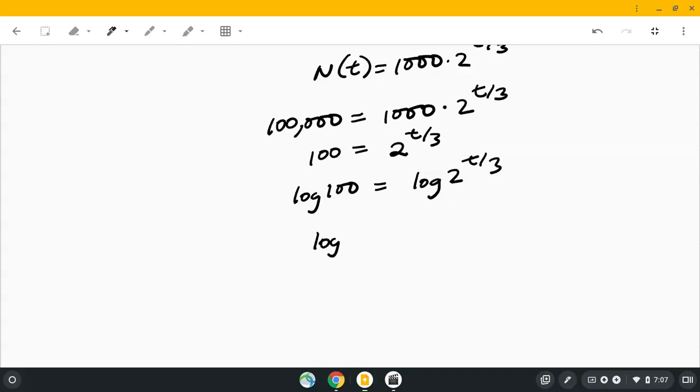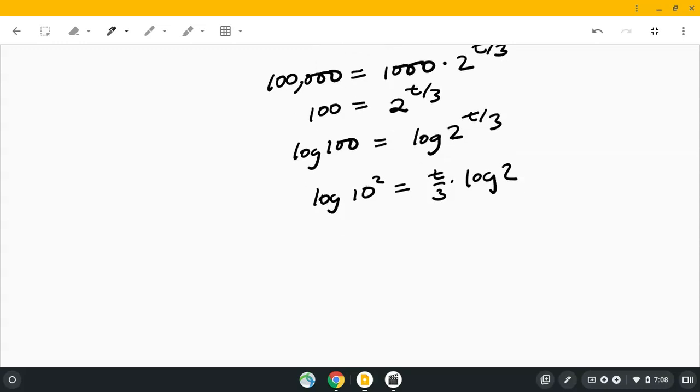I'm also going to rewrite this 100 right over here. I'm using common log base 10, and I notice this is also a power of 10. You don't have to do this part. I like to do things by hand as much as possible before I use the calculator. Then I'm bringing down my exponent, and I'm going to solve for t now.